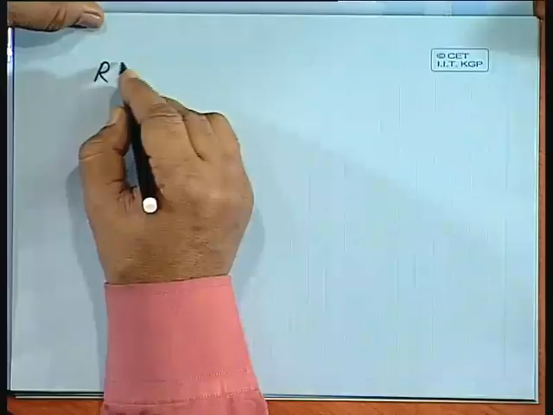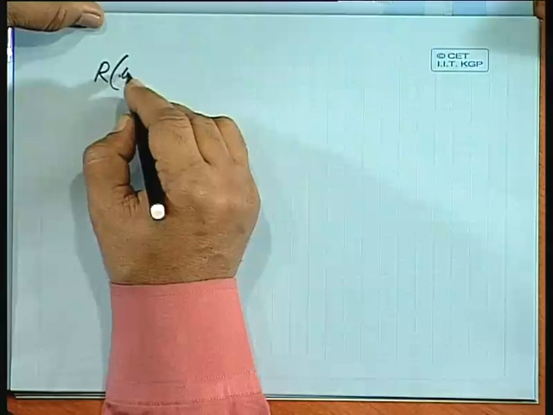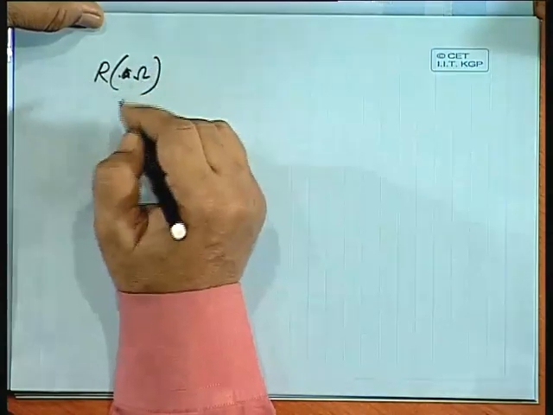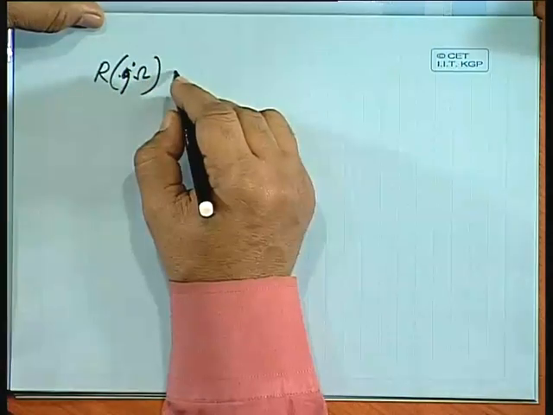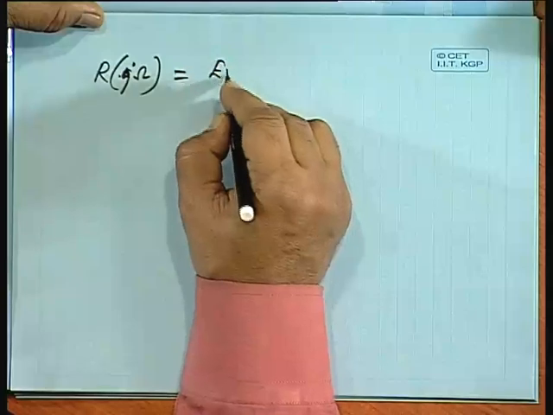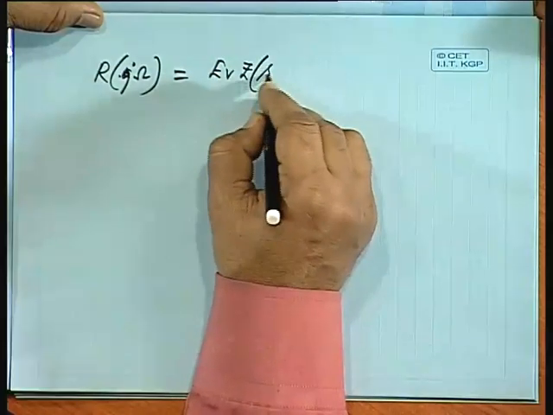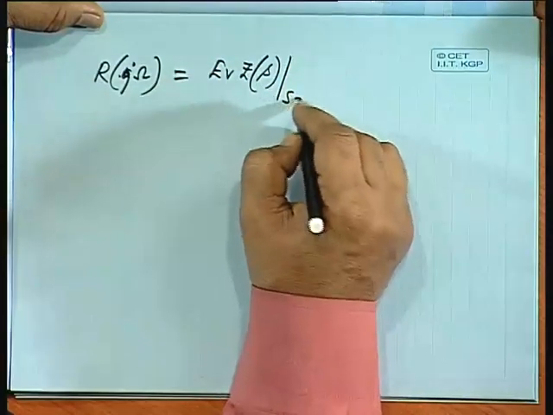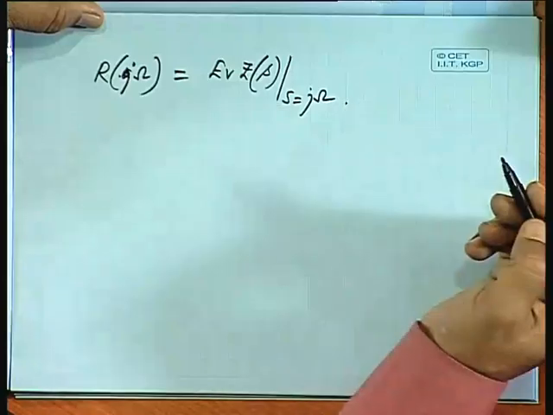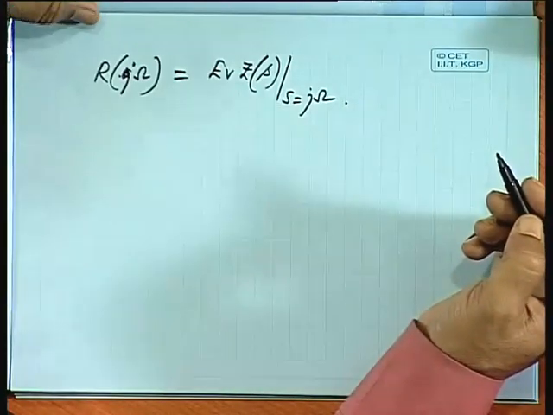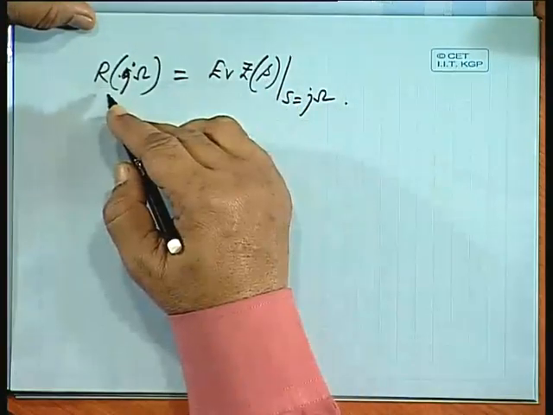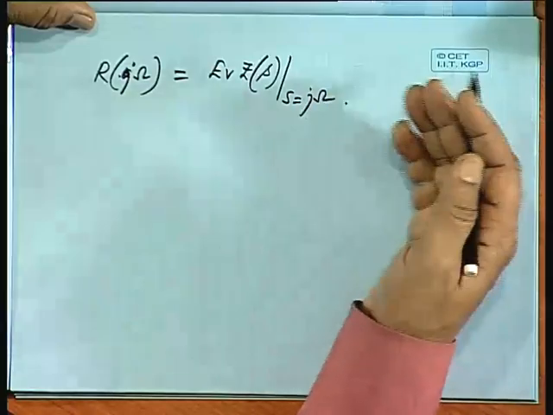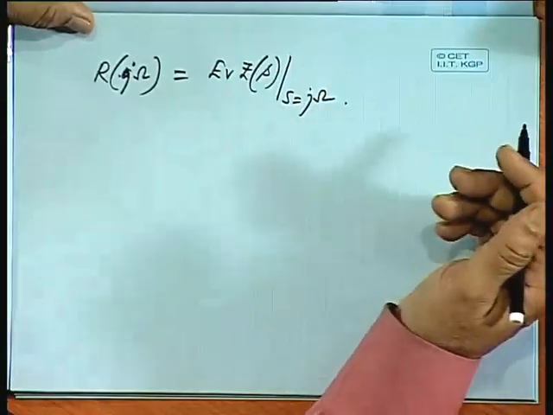For example, the real part will correspond to an even Z(s) at s equal to j omega. Okay. The even part corresponds to the real part and the odd part corresponds to the imaginary part, is it not?